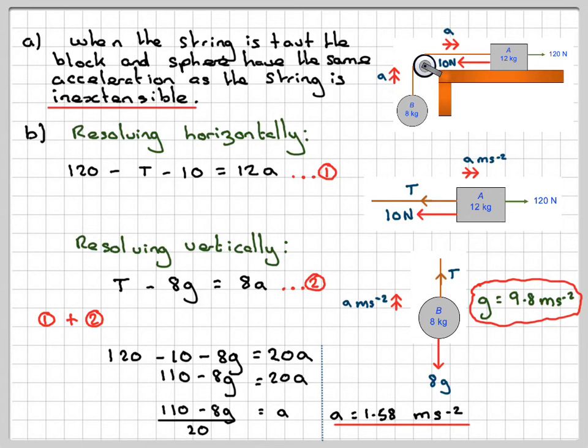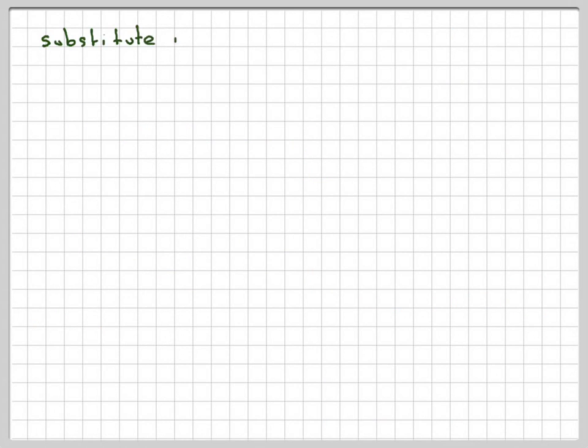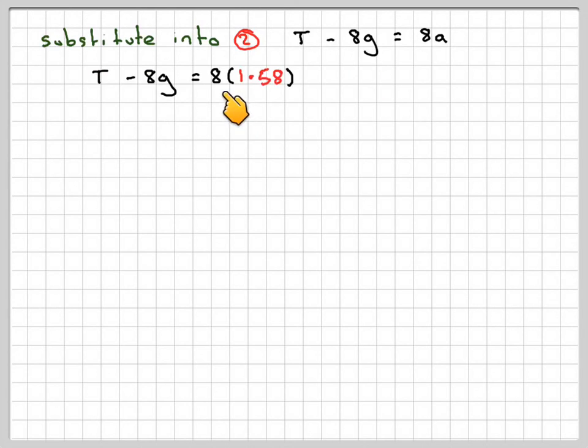Right, in order to find the value of T, we just need to substitute into either of these two equations. I'm going to put into 2 because it's a little bit easier than that one. So substitute into equation 2. We're going to have T minus 8g is equal to 8a. So we've got T minus 8g is 8 times my value I just calculated, which was 1.58.